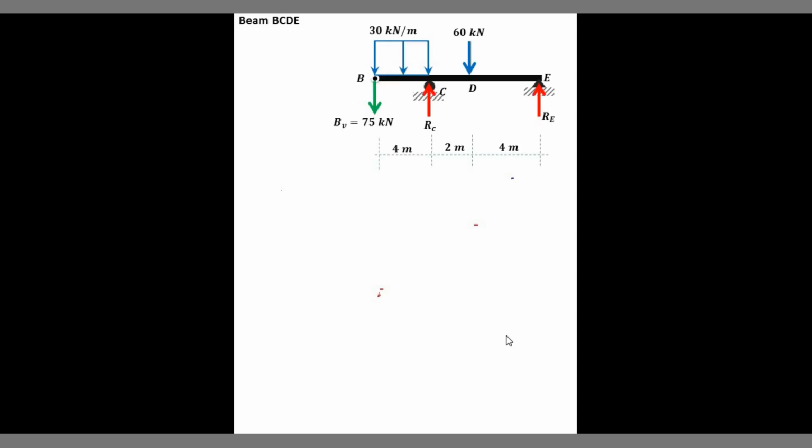Earlier, BV was upwards in direction. When you move to the other side of the beam, you have to take note that we should still be in equilibrium: the same magnitude, but different direction.